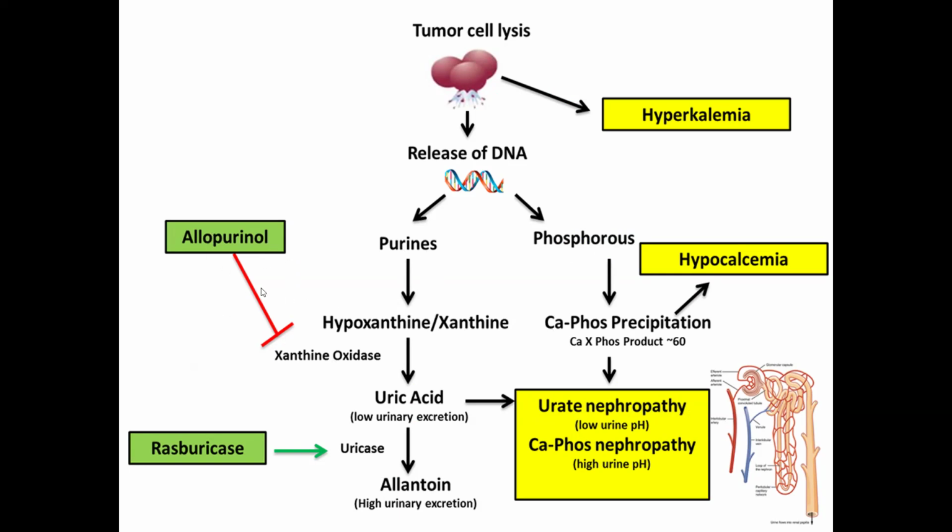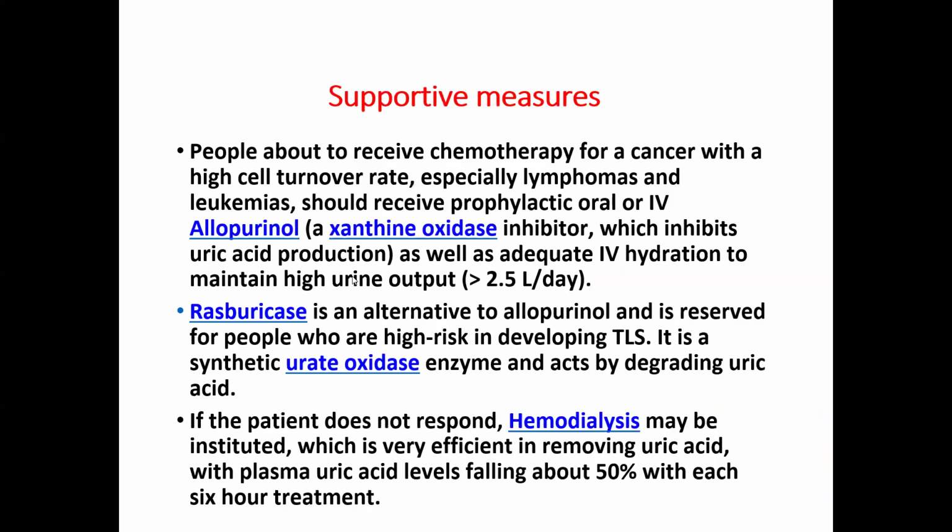Now, the management is basically giving allopurinol or rasburicase. Okay, the allopurinol is a xanthine oxidase inhibitor, and rasburicase actually facilitates the change of uric acid to allantoin. So supportive measures.